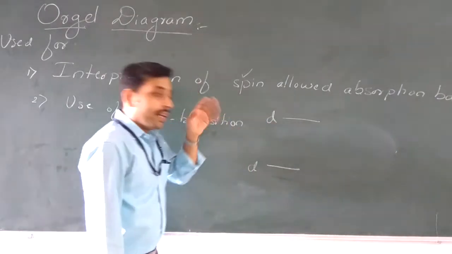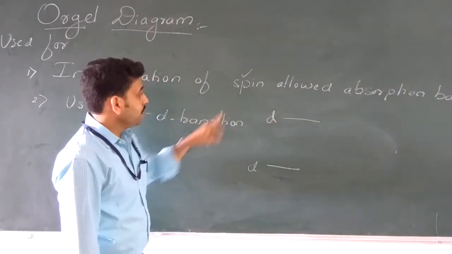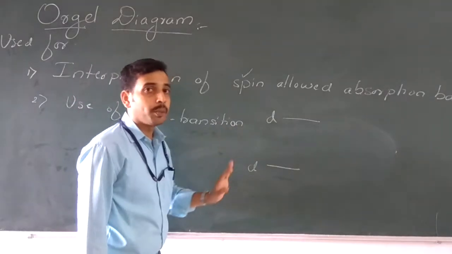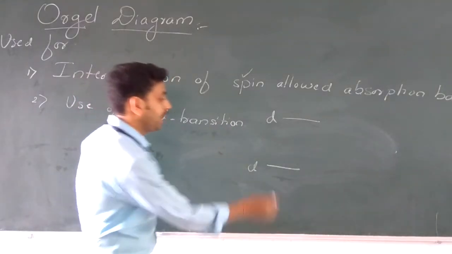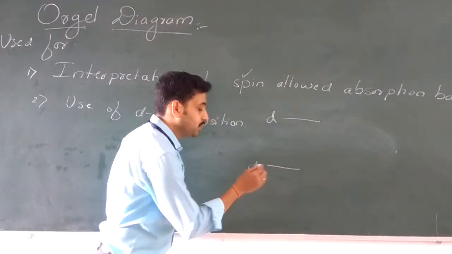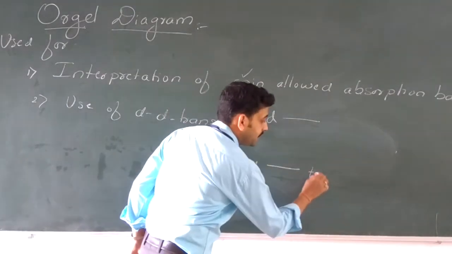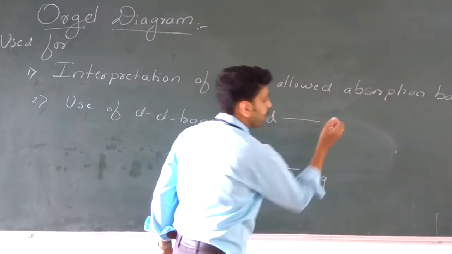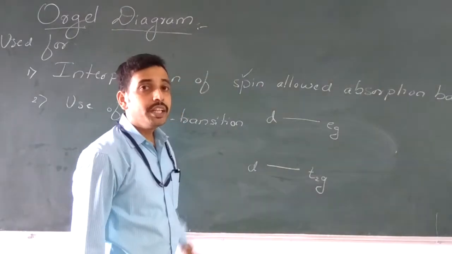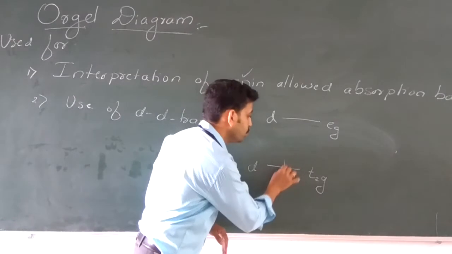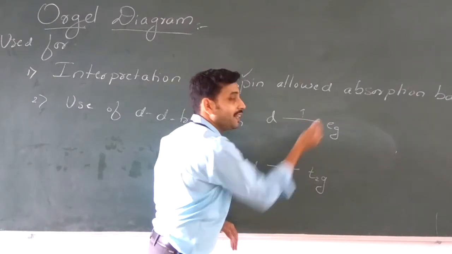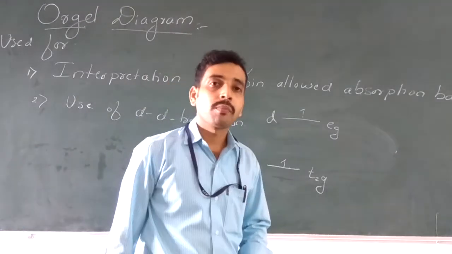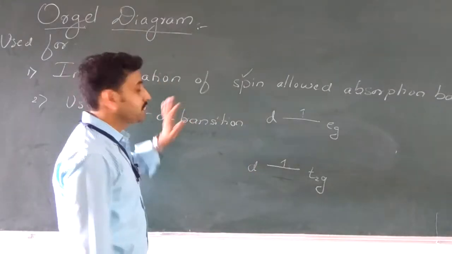In the case of octahedral geometry, the lower energy level is t2g and the higher energy level is eg. The electrons move from the ground state to the higher energy level, which is also a degenerate level. So that is the d-d transition.